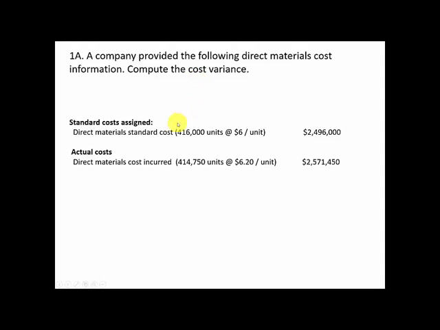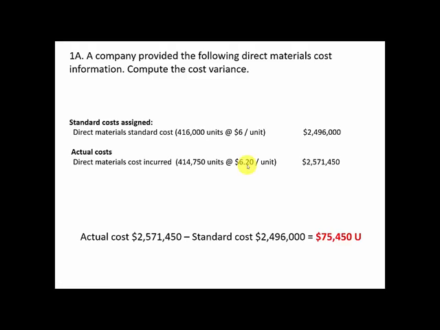So let's do that. So we have direct material cost at standard 416,000 units at $6 per unit, and we have actual costs that we incurred of 414,750 units of this material at $6.20 per unit.